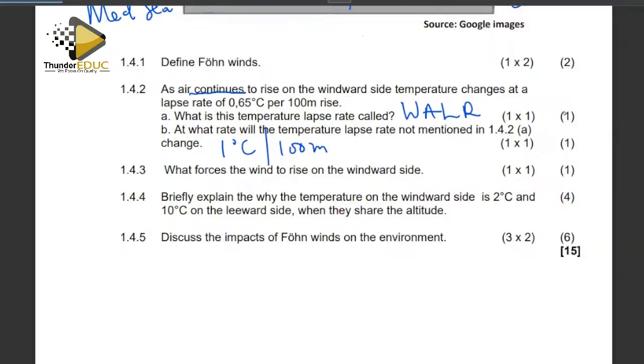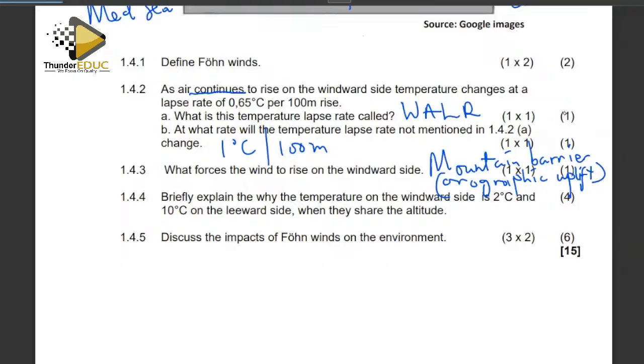The force there is the mountain barrier. Because there's a mountain, the mountain is going to force, or in simple terms, we can say it's orographic uplift that happens there. Because there is an orographic feature, it forces the wind to rise.